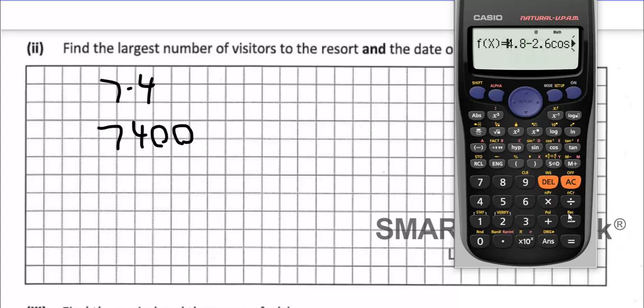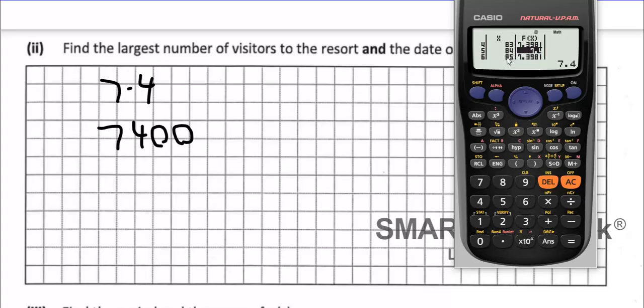So I'll start at 50. I'll end at 75. What? 84, thank you. Okay, start at 80 and at 90, step of 1. Now look, where is 7.4? There it is, it's at 84, yeah?